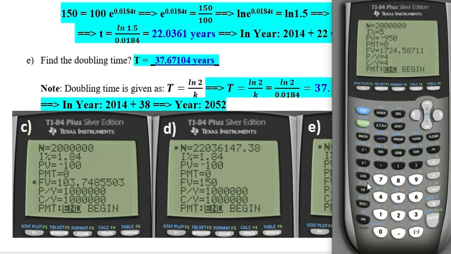And the rate is 1.84. And the initial population is 100 million, so that is 100 million. PMT, we don't care. The future, that is what we are trying to calculate. Then P over Y is 1 million. This is a continuous growth.